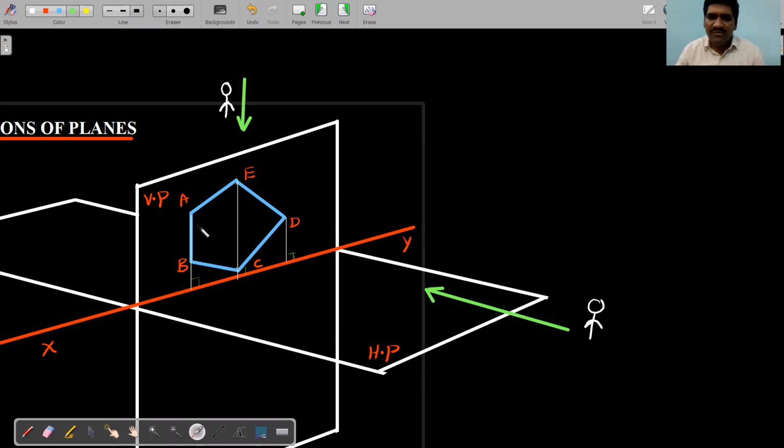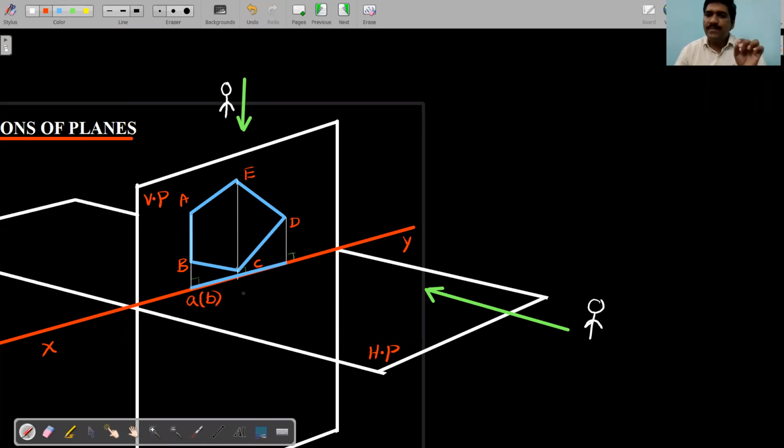Now tell me all of you, what is visible in the top view? A is visible, E is visible, D is visible, so let us draw a line. Just see all of you. This is the top view. Let me mark the points in the top view. A is visible, but B is invisible.